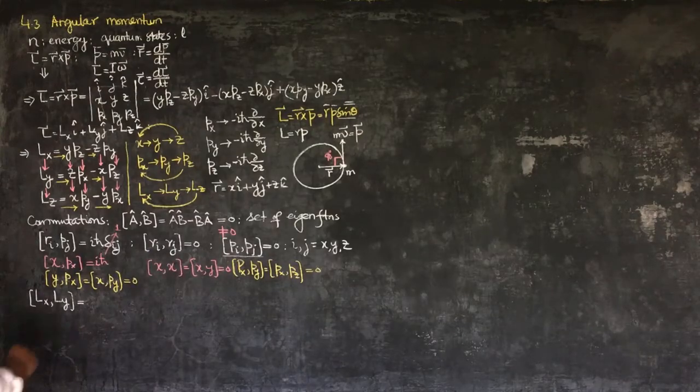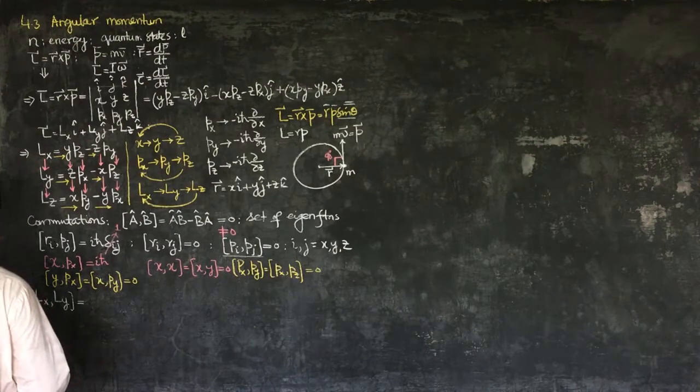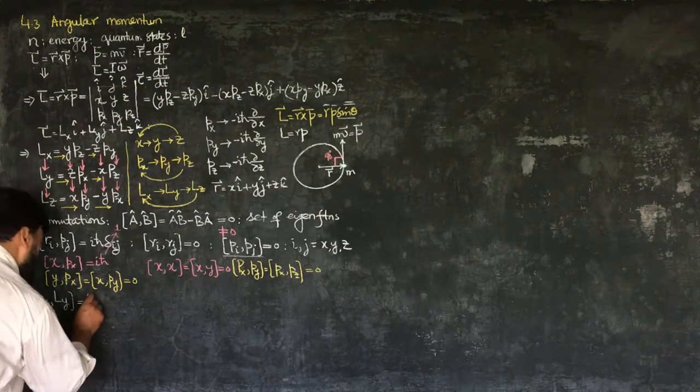Ly. So Lx is this and Ly is that. It will be equal to, we will have to write the commutation of these.